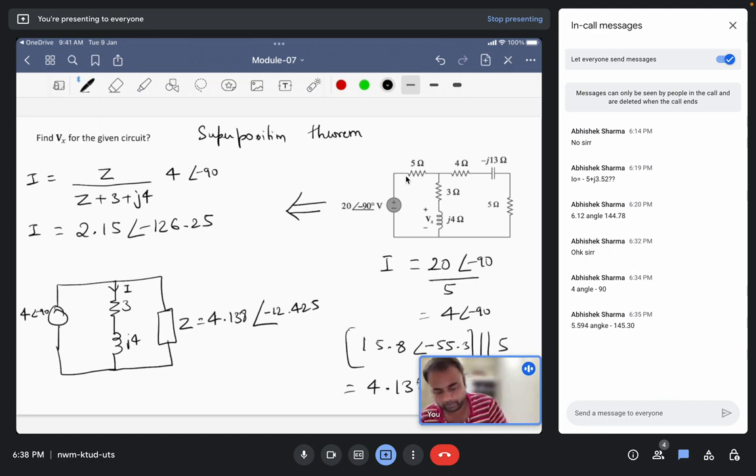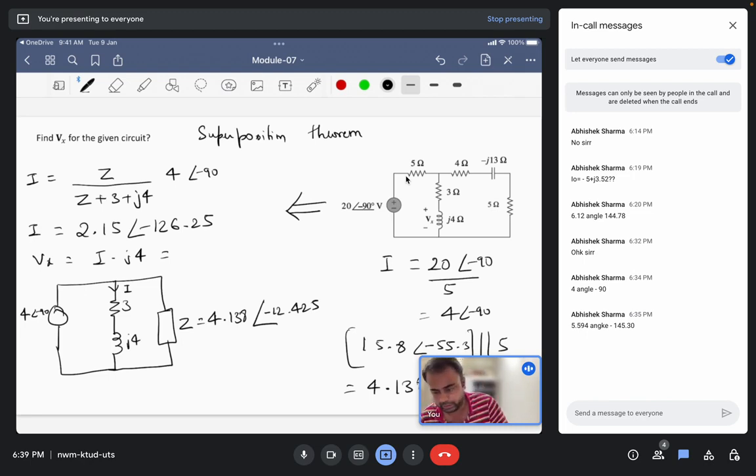So the potential drop Vx will be I times j4. So I is 2.15 angle minus 126.25, multiplied by 4j.